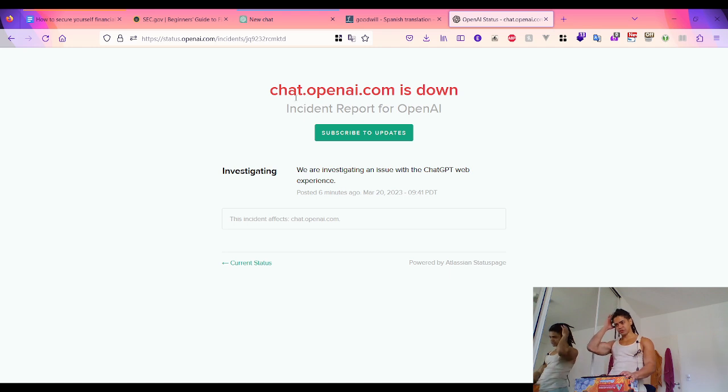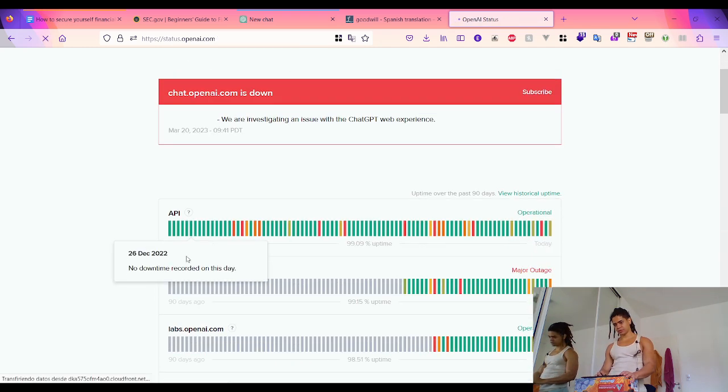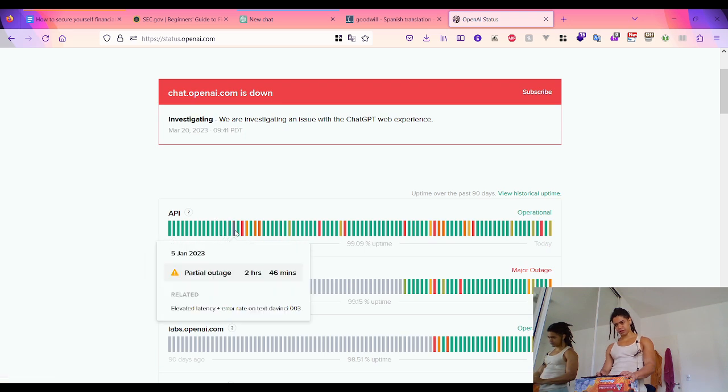We are investigating an issue with the ChatGPT web experience. The API went down, a partial outage of 2 hours. Elevated latency and error rate.